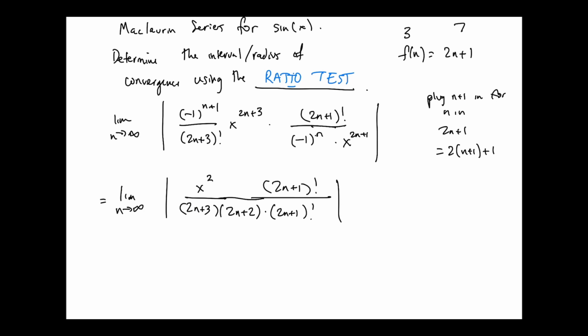But then what is 2n plus 3 factorial? Well, it's 2n plus 3 times 2n plus 2 times 2n plus 1 factorial. We've got a 2n plus 1 factorial up on the top. Okay, so scribble that down, make sure you're good with what we've got so far.